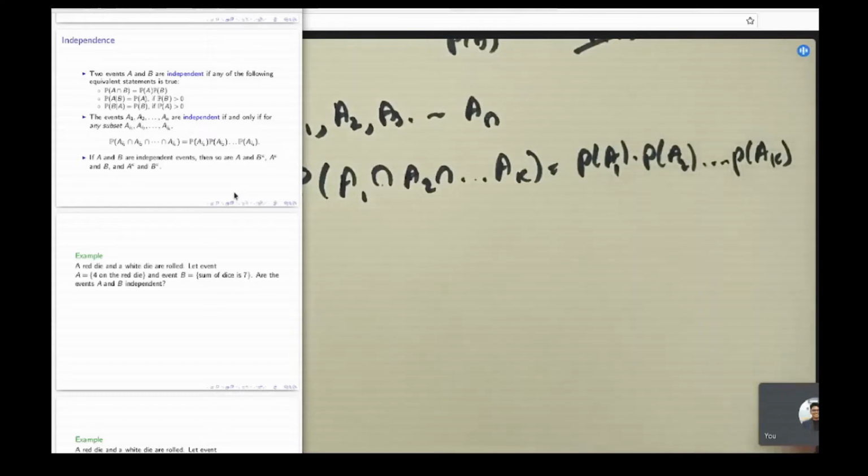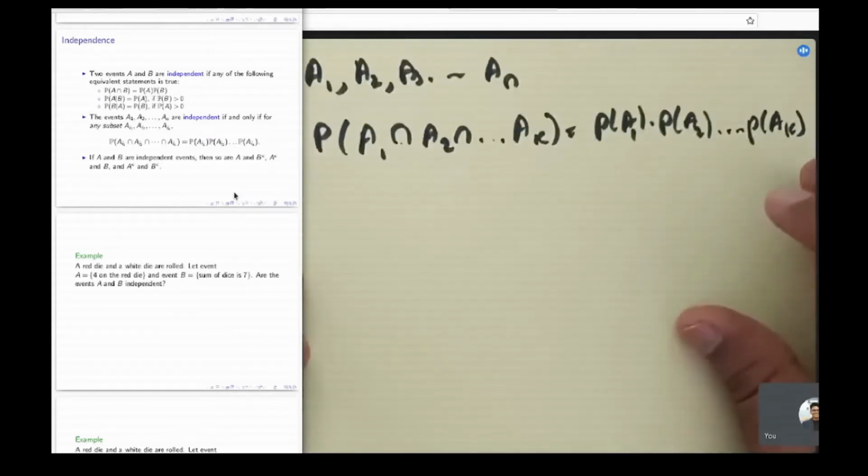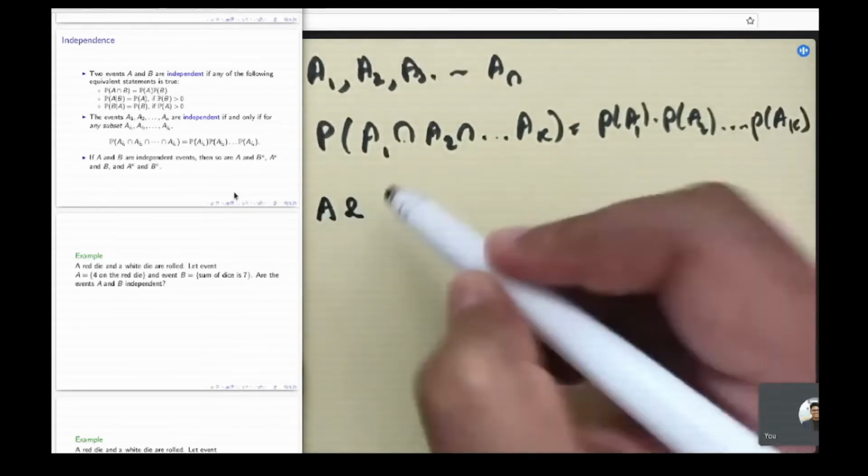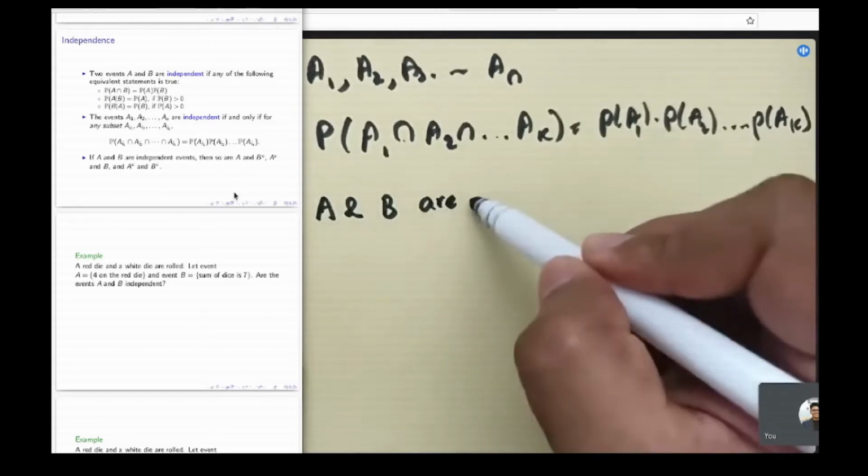So if A and B are independent events, then so are A and the B's complement. So that's what the next line says.